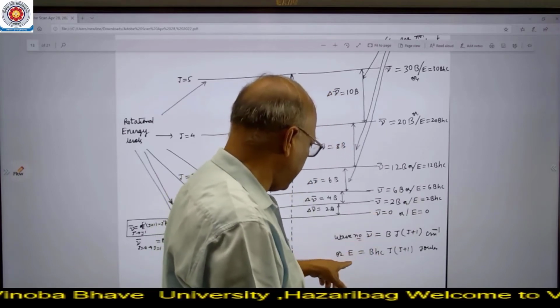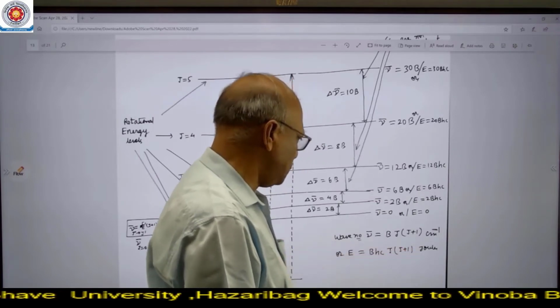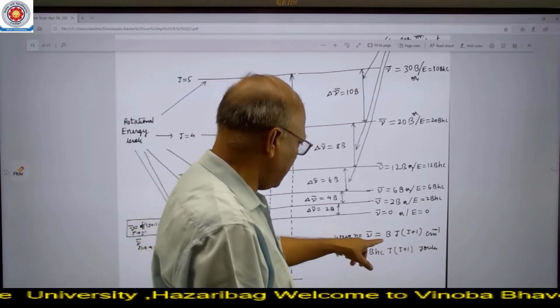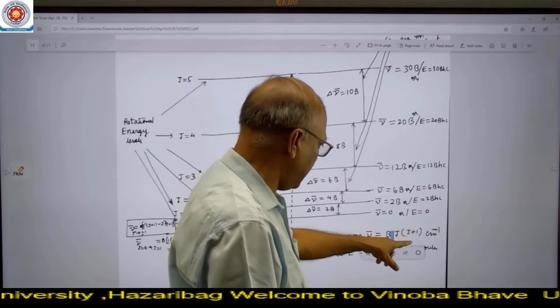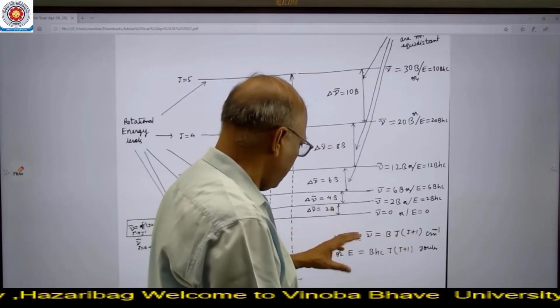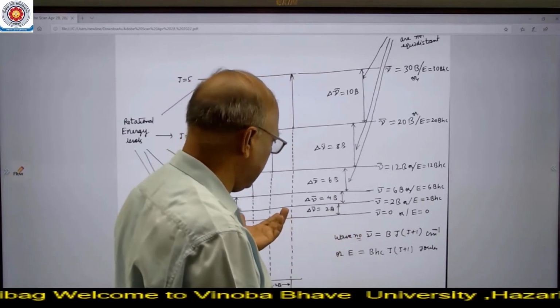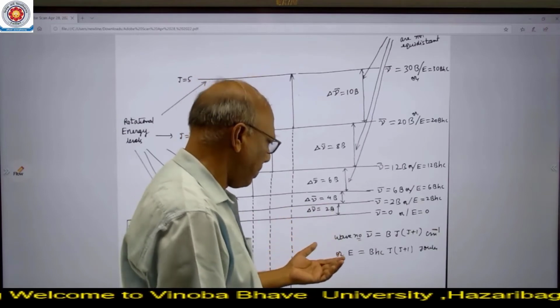In terms of energy, it is 2BhcJ(J plus 1) joules, or in terms of wave number, it is BJ(J plus 1), where B is the rotational constant. So in both terms, we can express the energy levels of a rotational energy level.